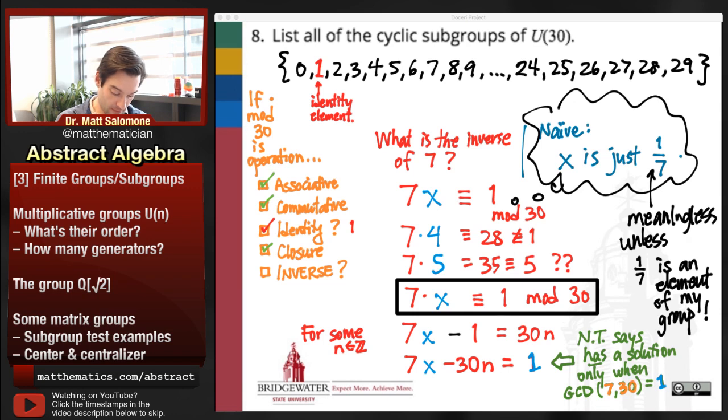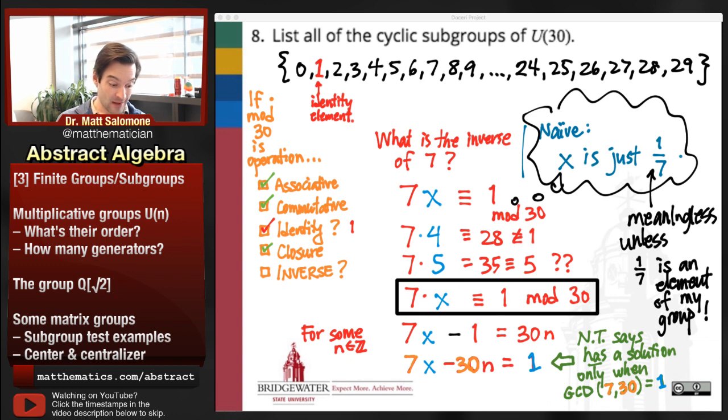So if we take a step back from that for a minute, what this is telling me is that I'm going to be able to find the multiplicative inverse of 7 mod 30 if and only if the greatest common divisor of 7 and 30 is equal to 1.